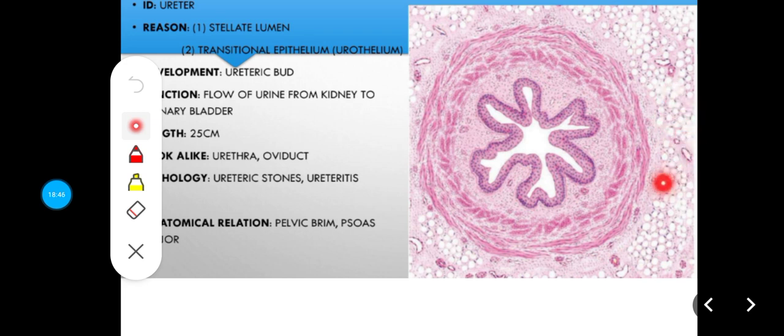These white spaces are fat, and these small circles represent blood vessels. It helps to anchor the ureters to the posterior abdominal wall. I hope you understand the explanation, as this will help you identify the slide of the ureter on histology images.